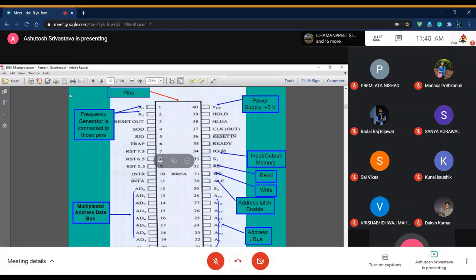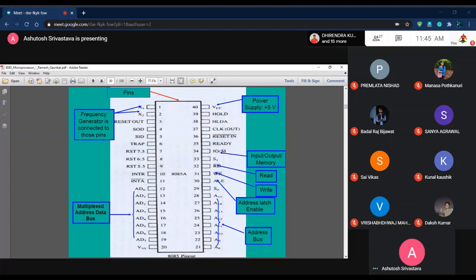While pin number 21 to 28 would be sending the higher order signals of your address.